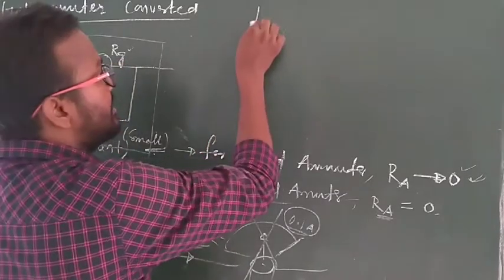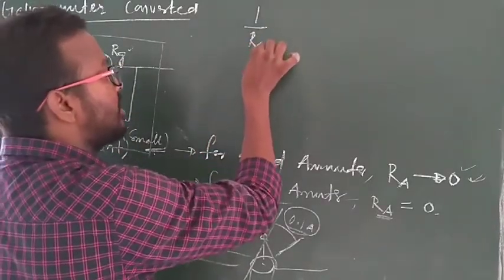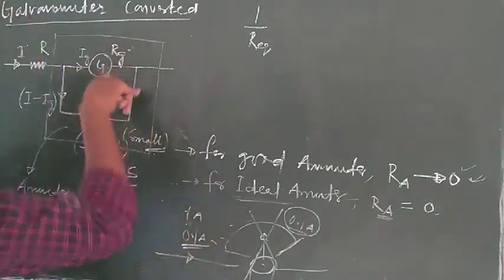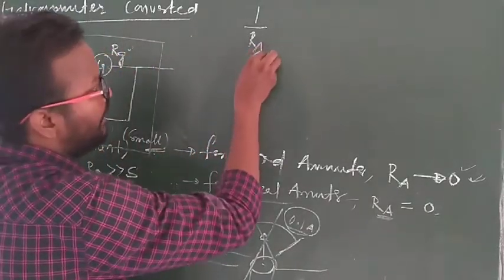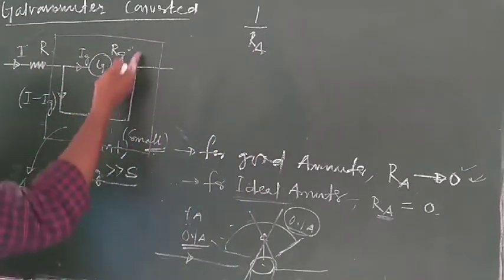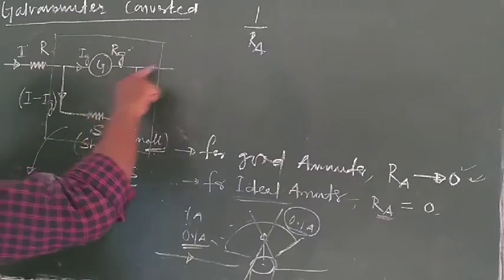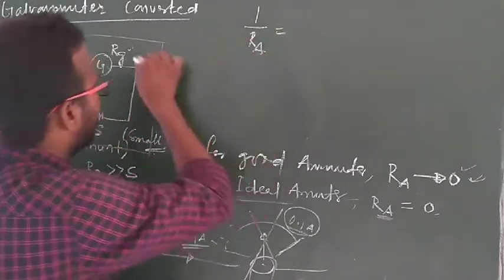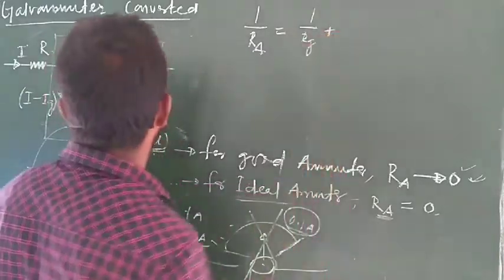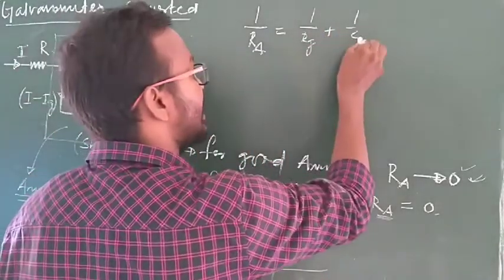So we can write the effective resistance, R equivalent, which is the resistance of the ammeter, as the total equivalent resistance in parallel combination: 1 by Rg plus 1 by S.